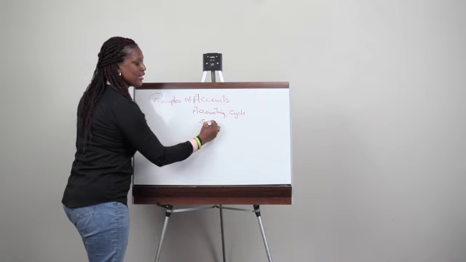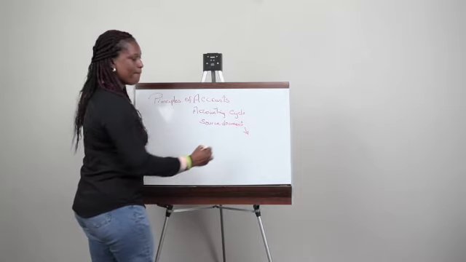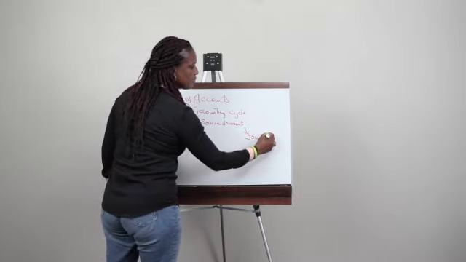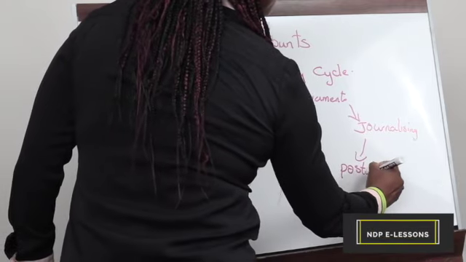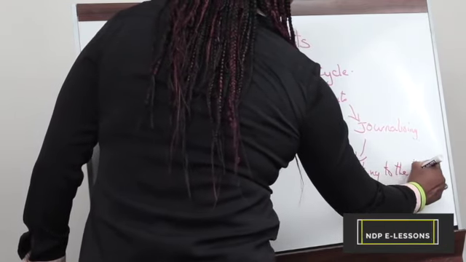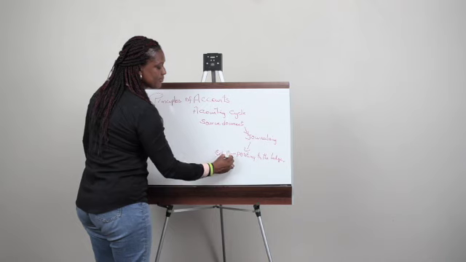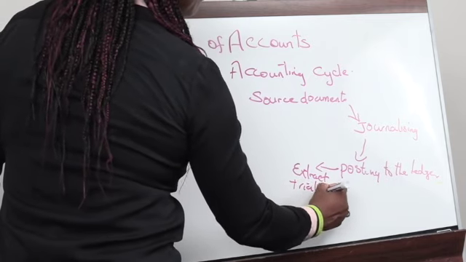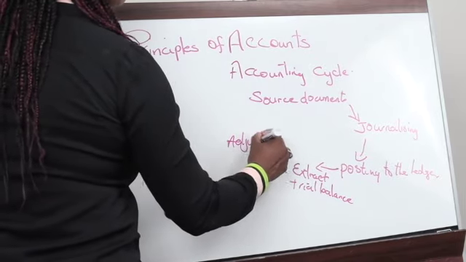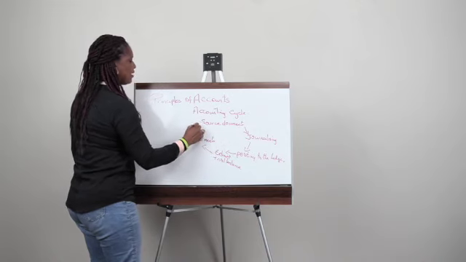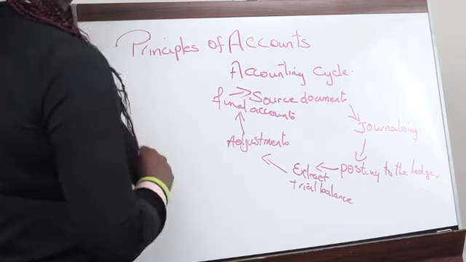So we have our source documents, followed by journalizing, followed by posting to the ledger, then we extract our trial balance, we make adjustments to the trial balance, and then we have our final accounts. And then we move back to source document.